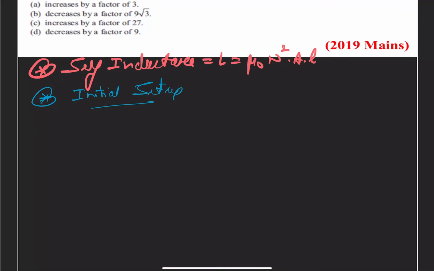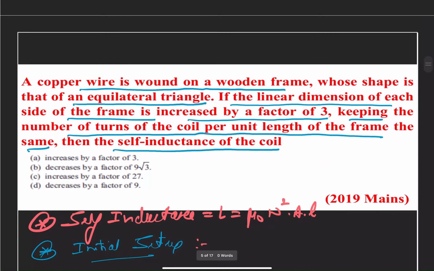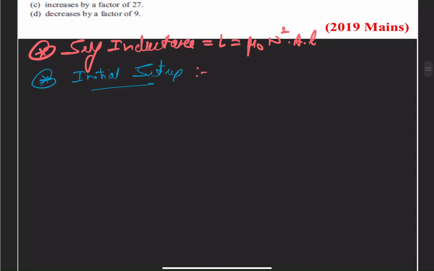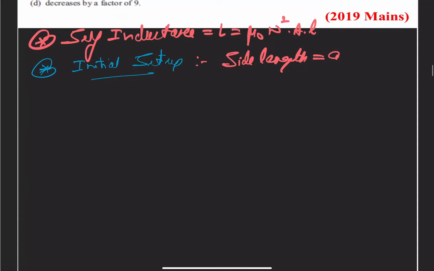For that we assume that it is an equilateral triangle and its side length is equal to A. So the area, if written as capital A, will be equal to square root of 3 divided by 4 times A square.